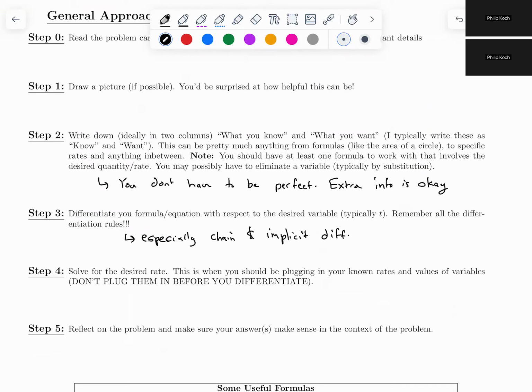There's a lot of implicit differentiation here, and I'll explain why once we get to it. Then solve for the desired rate. Don't plug in values yet.